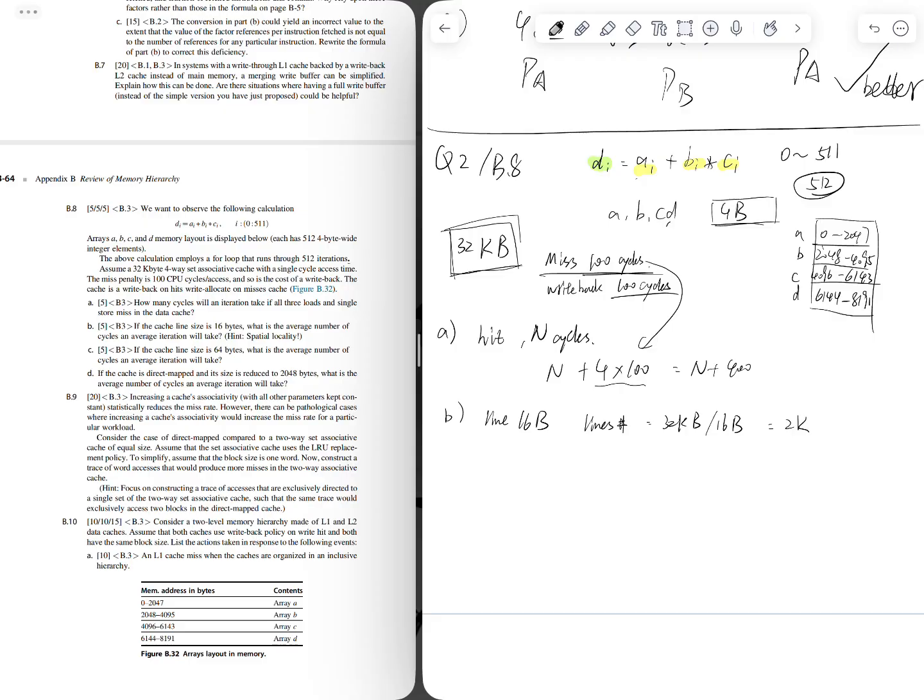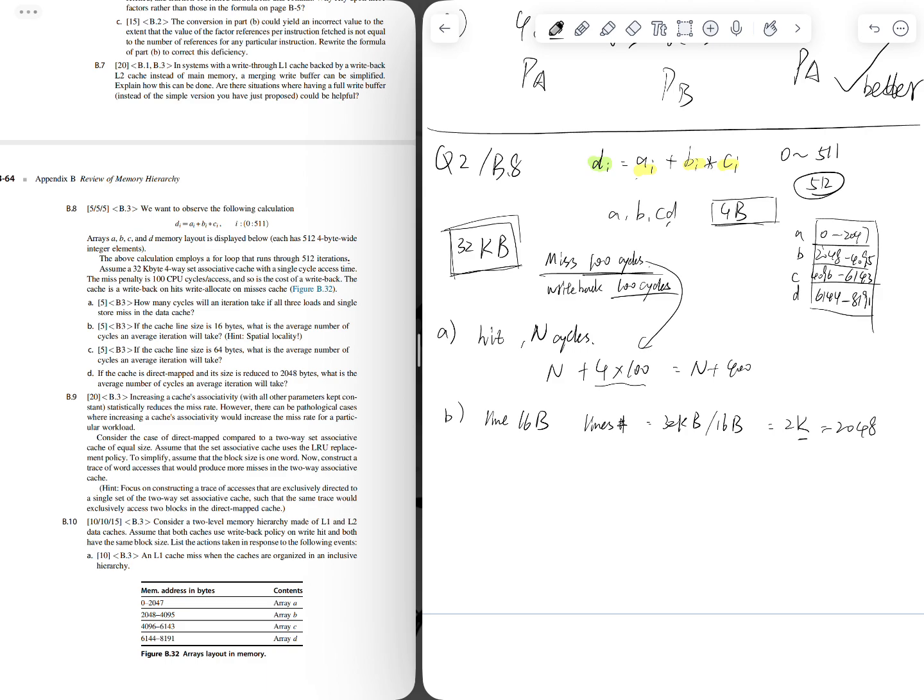Remember, since we are in computer language, this K is not simply a thousand; it represents 1024, so 2048 lines.